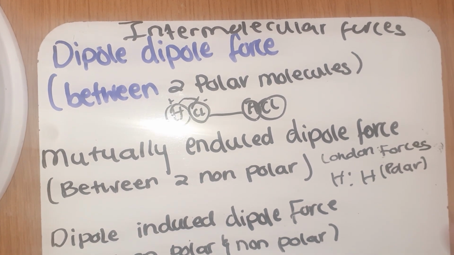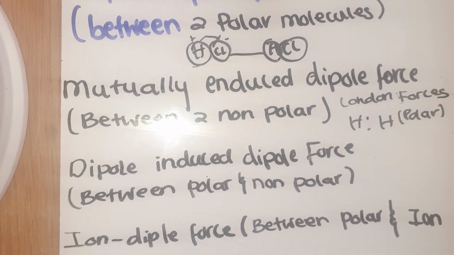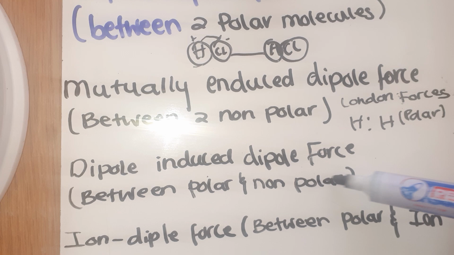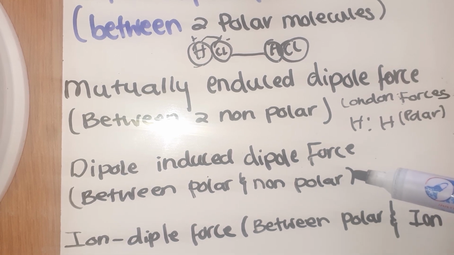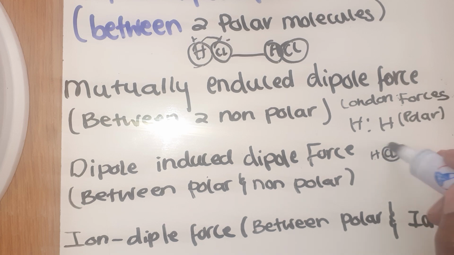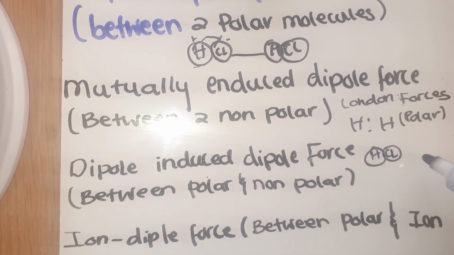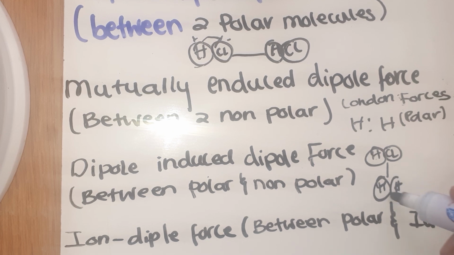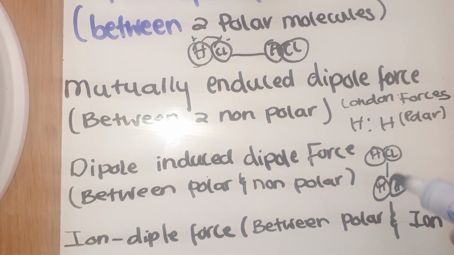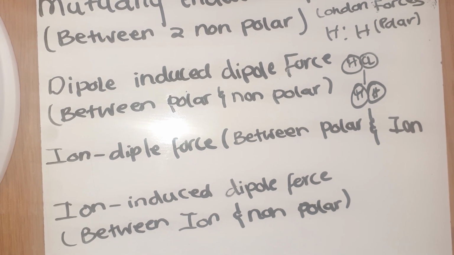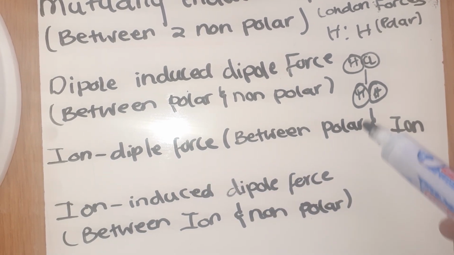And then we have dipole induced dipole force. It's between a polar and a non-polar. So here you can have HCl. This is the molecule bonded with H and H. So this will be a dipole induced dipole. And then we have ion dipole force between a polar molecule and an ion.